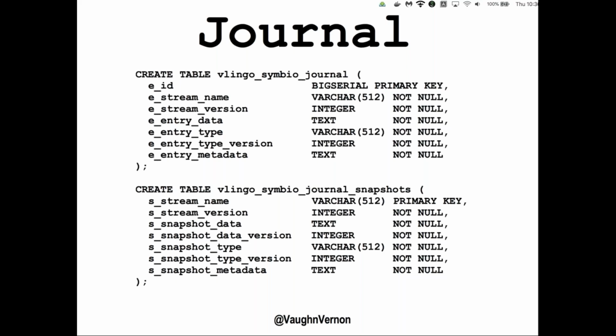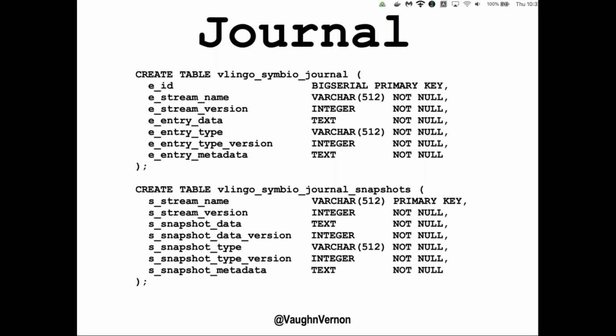And then, for example, the data in this case is a JSON text serialization. You have the data type of the entry, as in the data type of the domain event itself, and then the entry type version, as in what version of the domain event this is, and then you can persist metadata with it, as much metadata as you need.